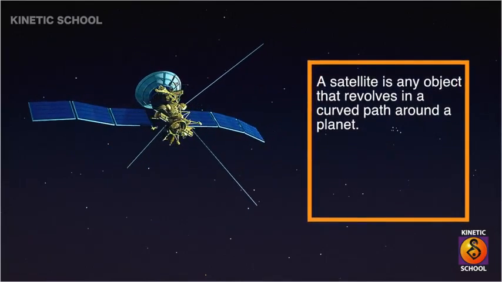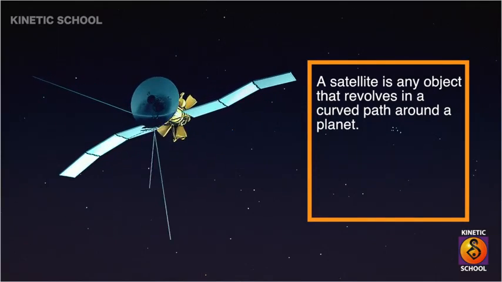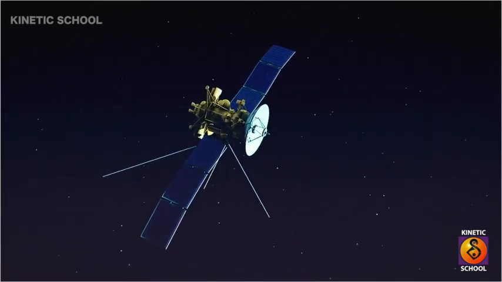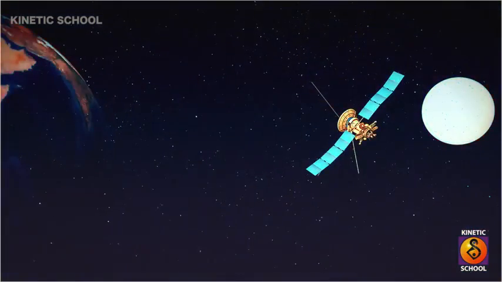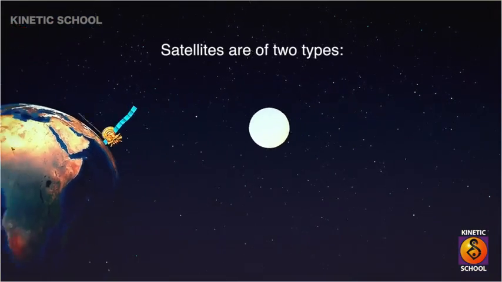A satellite is any object that revolves in a curved path around a planet. There are two major types of categorization when it comes down to satellites.